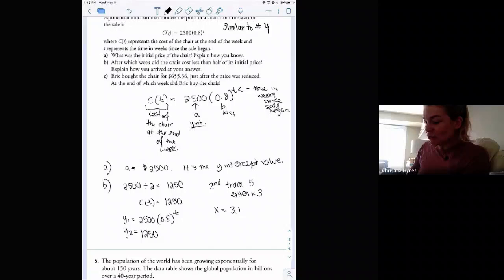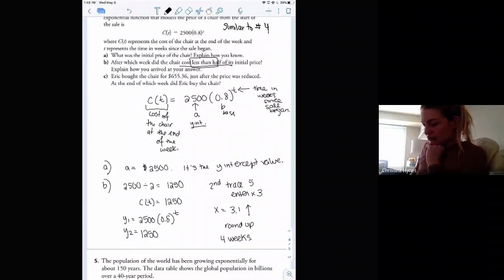But since in the question they want the cost to be less than half, because my graph is going downwards, I'm going to have to round up. So round up, and that means that it's going to take 4 weeks for your chair to cost less than half of its initial price. Okay? And that is B.